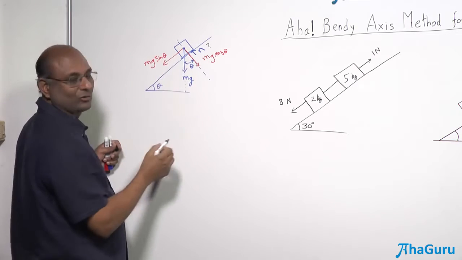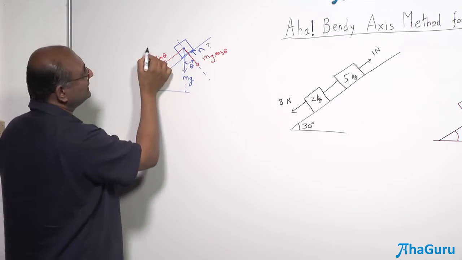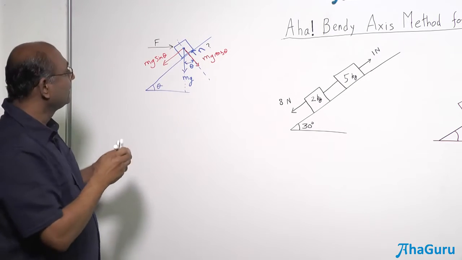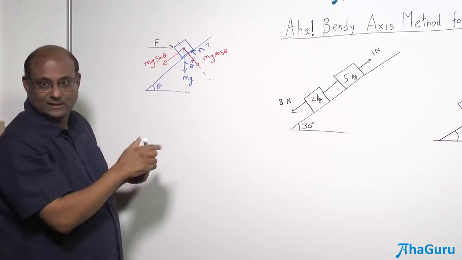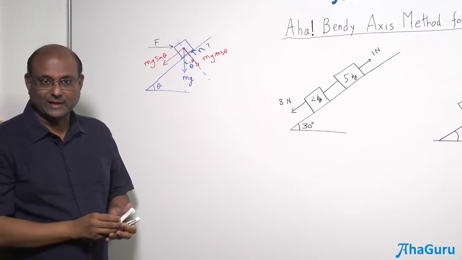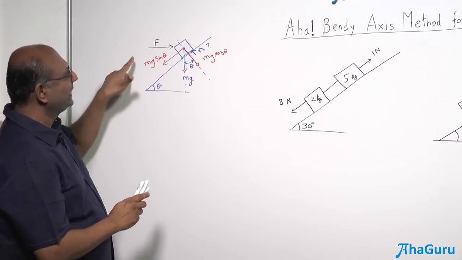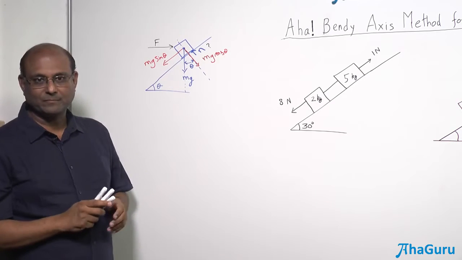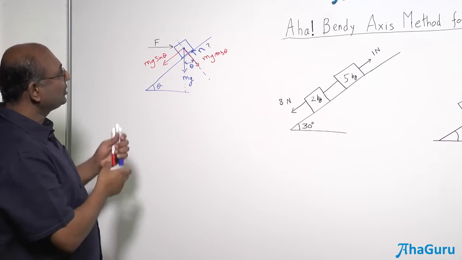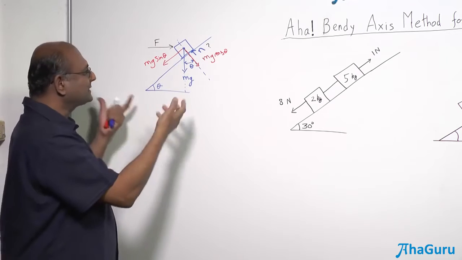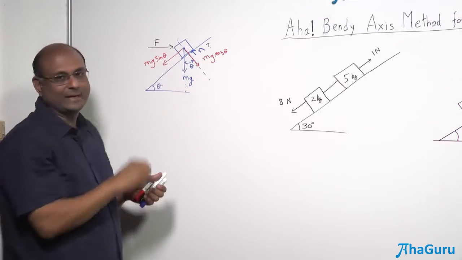So therefore you can conclude that it must be mg cos theta. But if I was exerting a force like that, then this force also has components. So N is not equal to mg cos theta. But you don't need it right now. All I'm saying is that mg can be resolved as mg sin theta, mg cos theta. Is that okay? So when we solve problems, instead of writing mg and then figuring it out, it's a faster way to just simply write this as mg cos theta and mg sin theta.